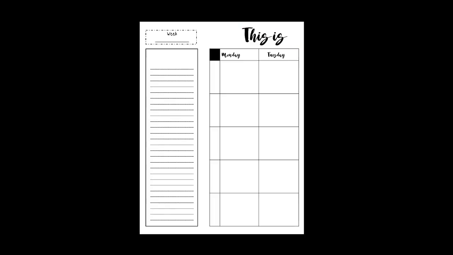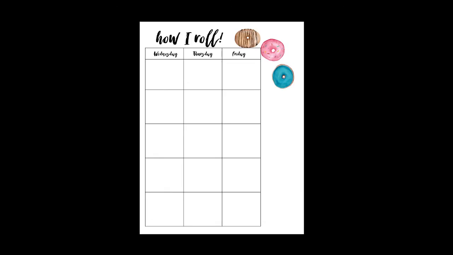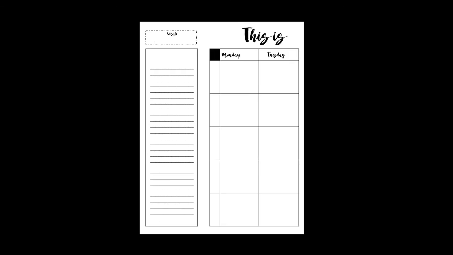The 5 by 5 does show the dates at the top and bottom, so the dates can either go horizontal or they can go vertical. It also has a place where you can write the week that you're planning for and notes.